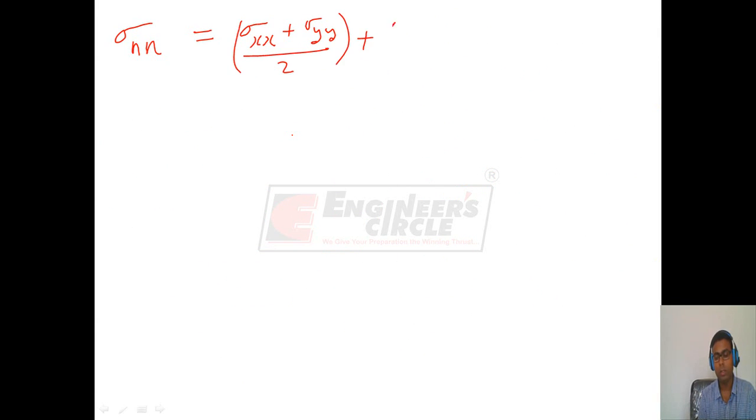So we get sigma nn equal to (sigma xx plus sigma yy)/2 plus (sigma xx minus sigma yy)/2.